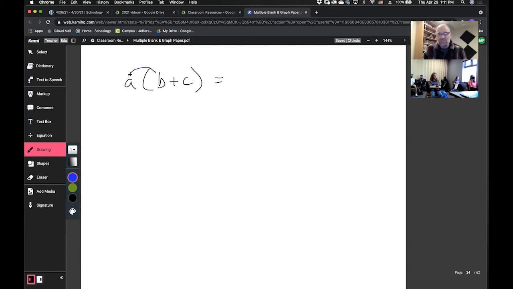So A times B plus C is A times B plus A times C. Remember, in multiplication with variables, you can just write AB and AC, because that just means A times B. All right, this is called the distributive property.